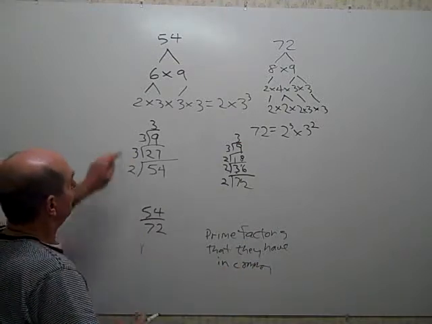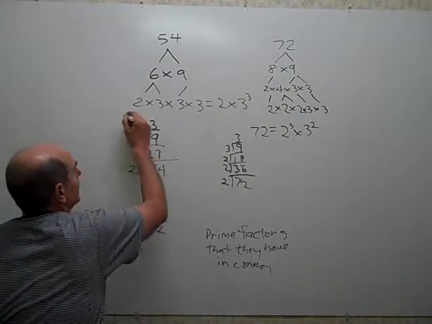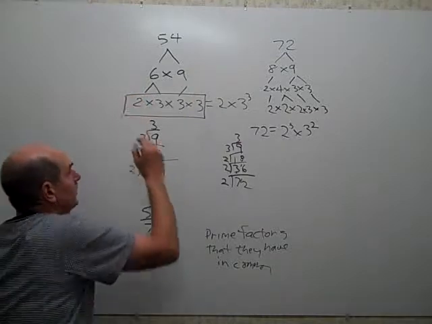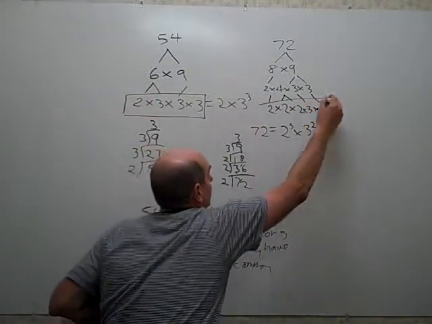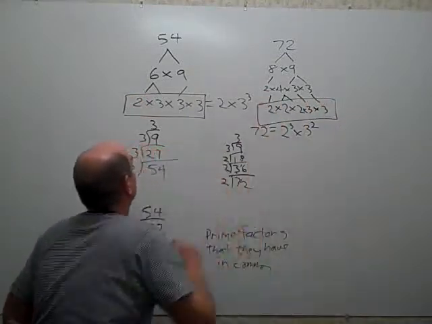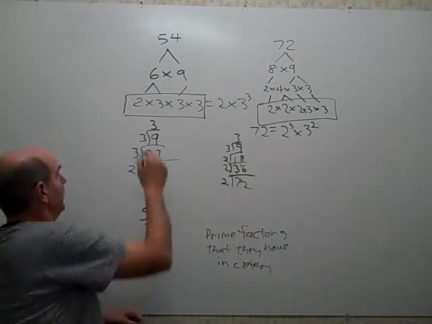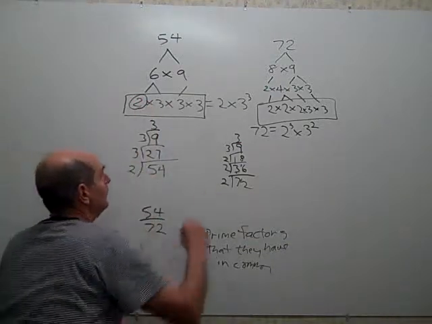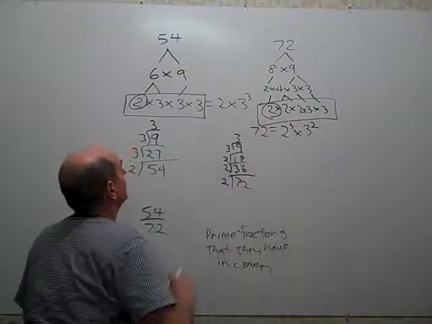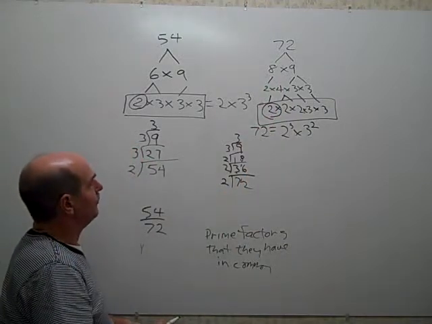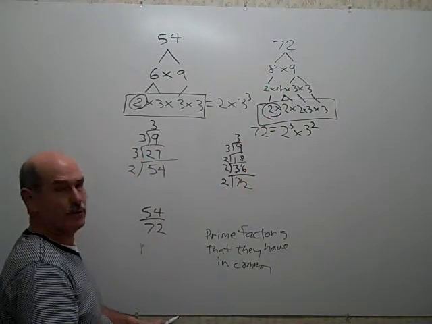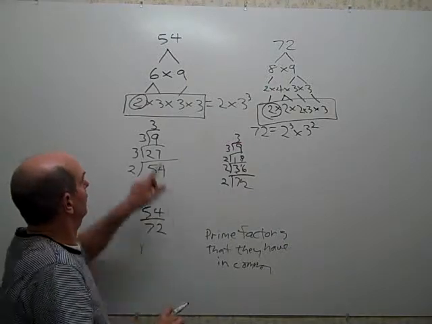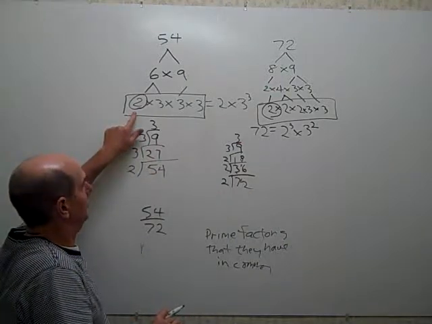So if I go back up to this list, I'll isolate this list right here, and this list right here. I see that there's a 2 in both lists. There's a 2, and here's a 2. There's no other 2's in 72, so I'm done with 2's. I can't use any more 2's because it only appears one time in 54.